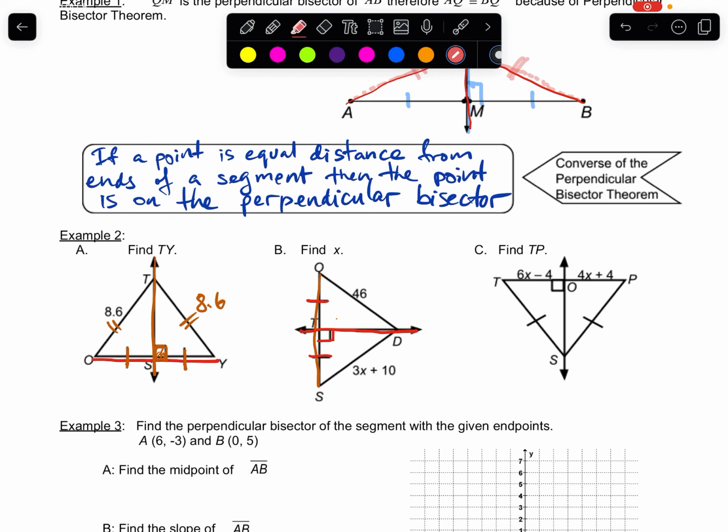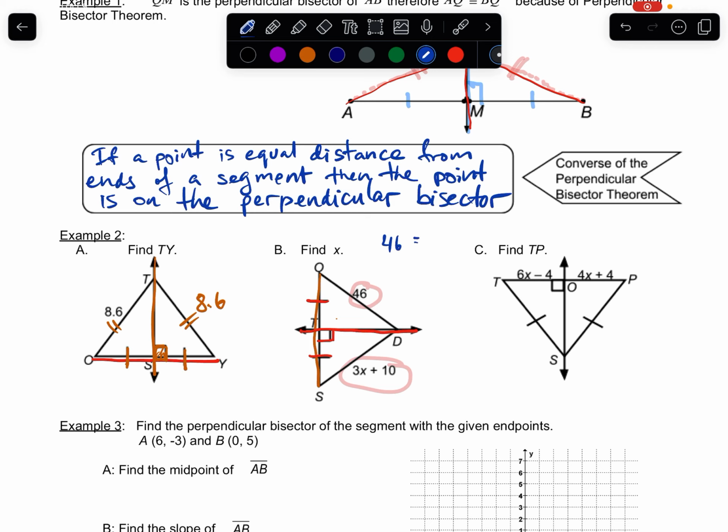So this is a perpendicular bisector. That means your sides of 46 right here and 3x plus 10 must be congruent, or their measurements are equal.